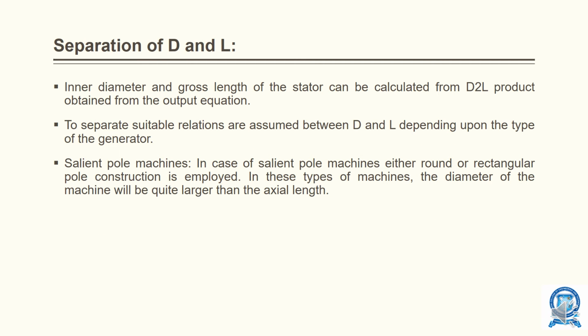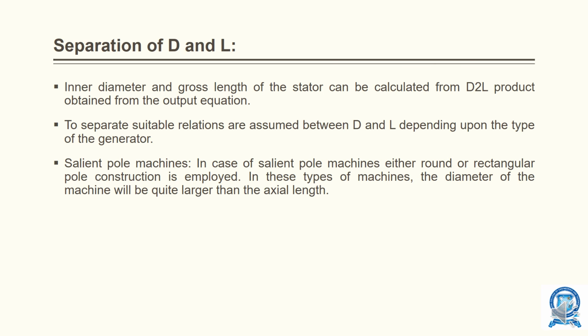From the above statements, we can say that for DC machines, the maximum flux density Bg lies between 0.55 and 1.15 Weber per meter square, and the corresponding values of B average, that is the specific magnetic loading, vary from 0.4 to 0.8 Weber per meter square.